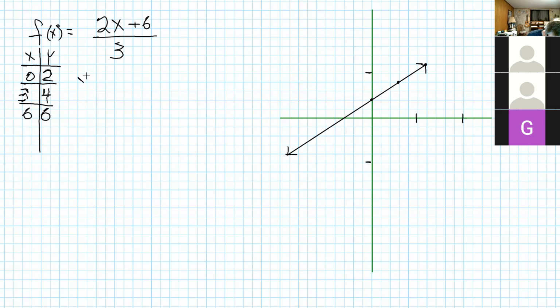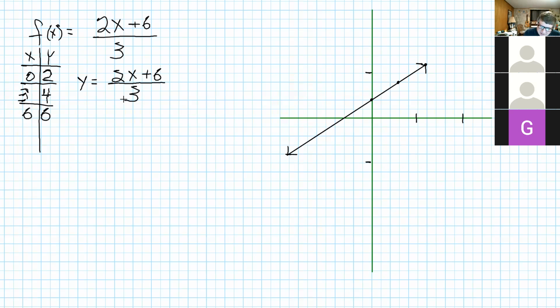So now we get y equals 2x plus 6 all over 3. Maybe this is just God's way of saying you need to slow down.